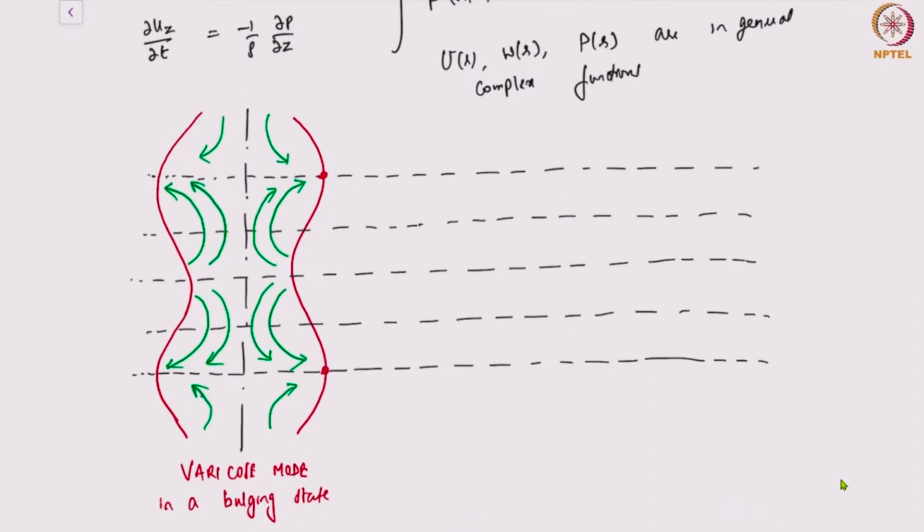Now let's make a plot of the velocity field at the axis. Let's look at the UZ. If I look at the UZ here, the UZ has zero velocity and the maximum is over here.